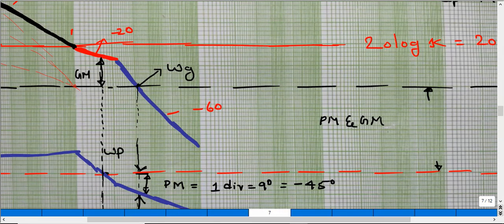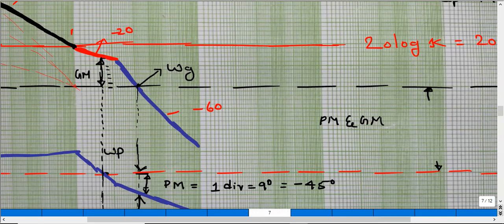Each single unit has 10 divisions and has 20 dB, so 20 by 10 gives 2 for each division: 2, 4, 6, 8, 10, 12, 14.